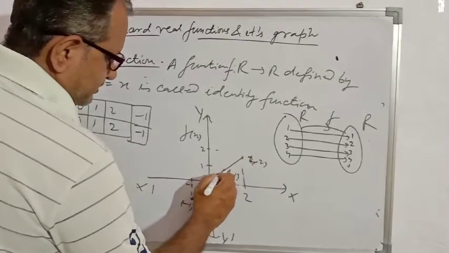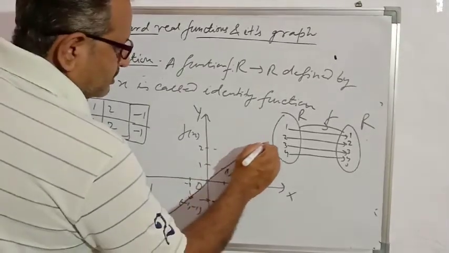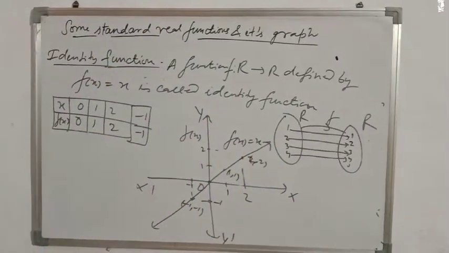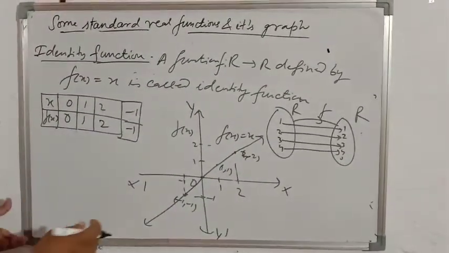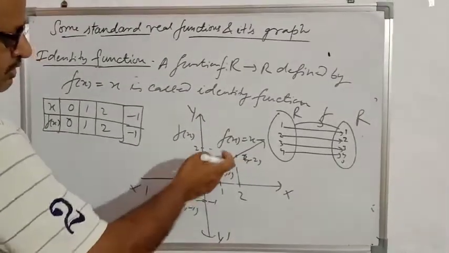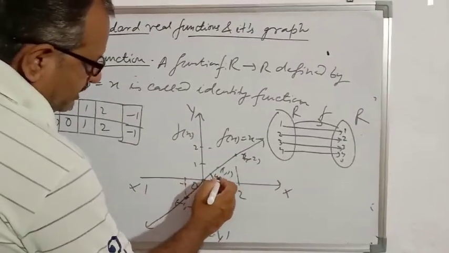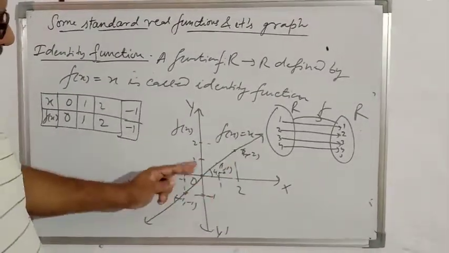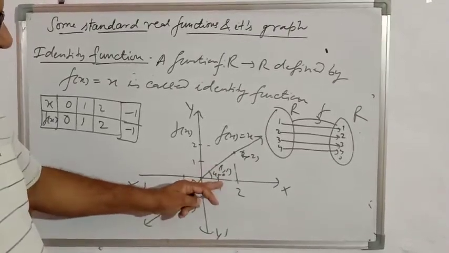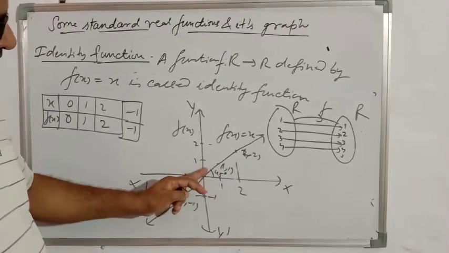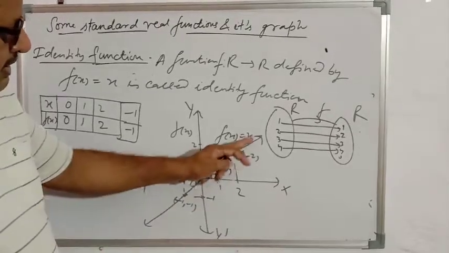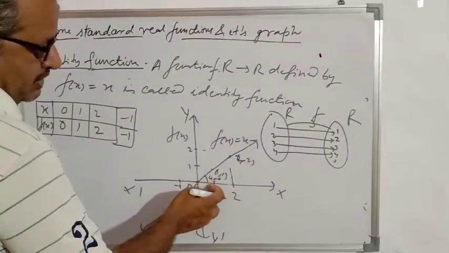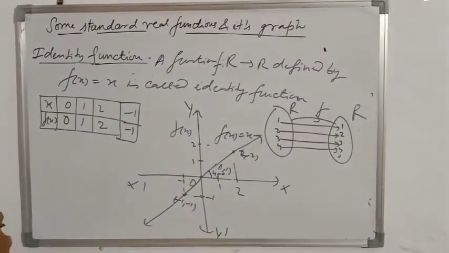We join them. This is the graph of f(x) = x. It is a straight line which passes through the origin, inclined at an angle of 45 degrees with the positive direction of the x-axis. This line bisects the angle between the x and y axes. The angle between the axes is 90 degrees, so it bisects this angle, meaning 45 degrees.